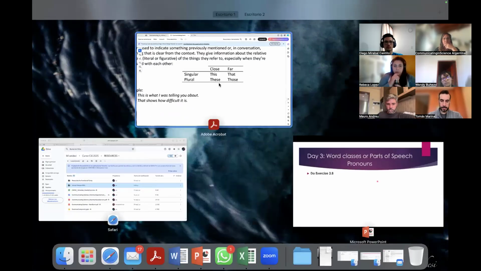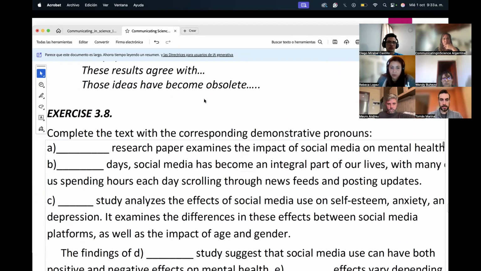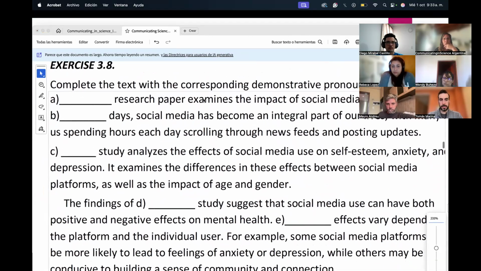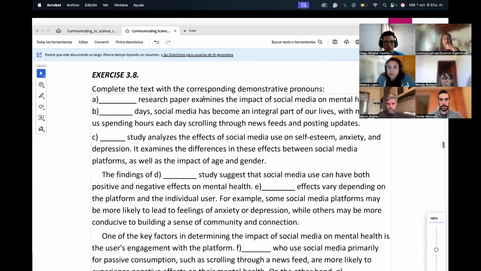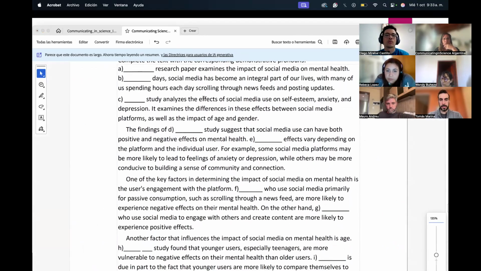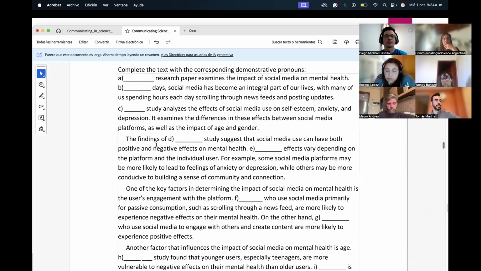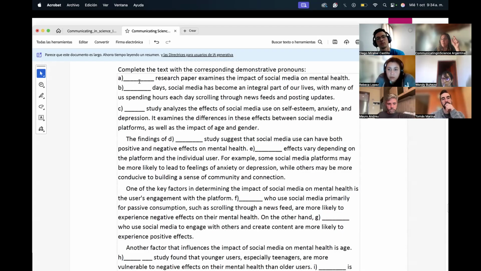Maybe we can try to do this exercise 3.8. So what do you think? Is it a this, close and singular, or a these, or a that?